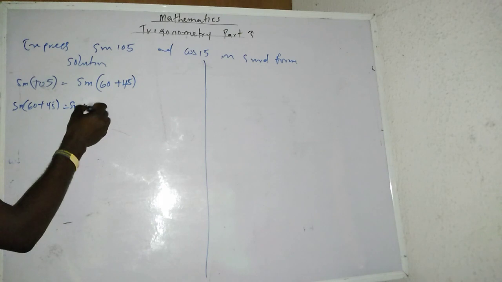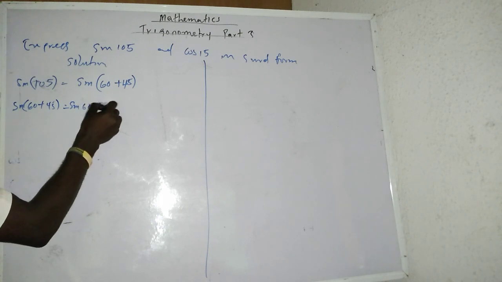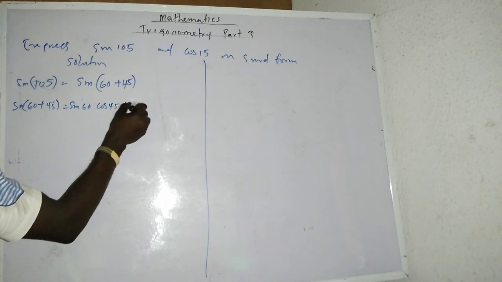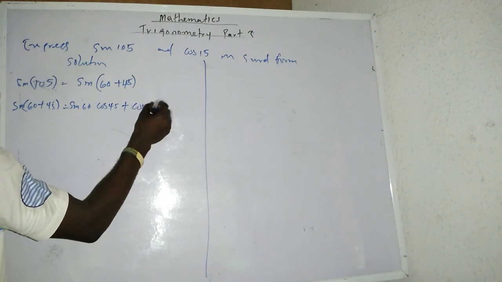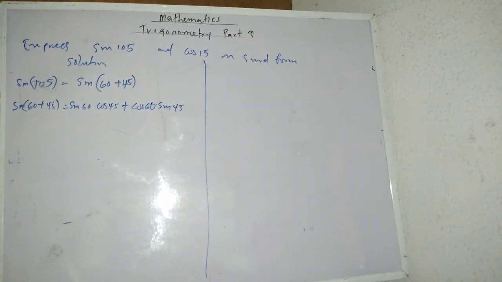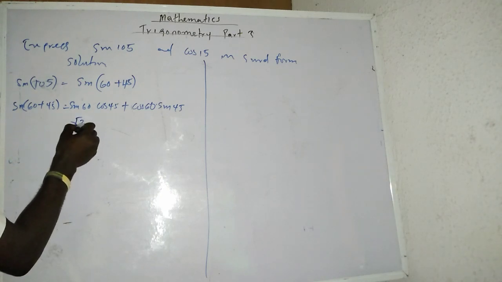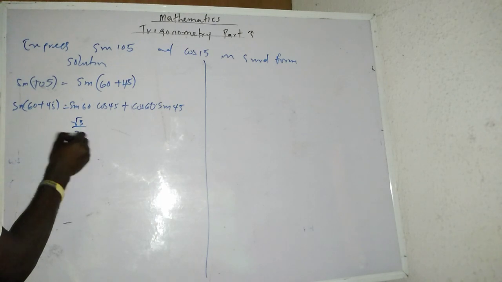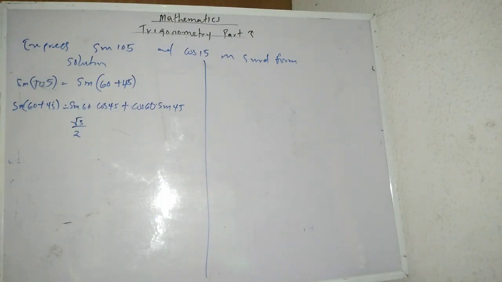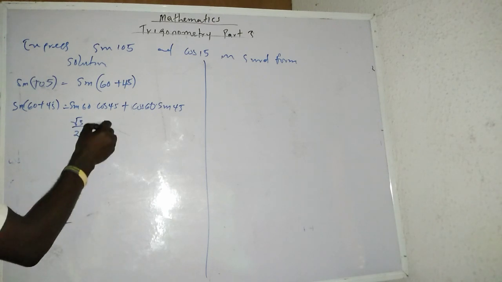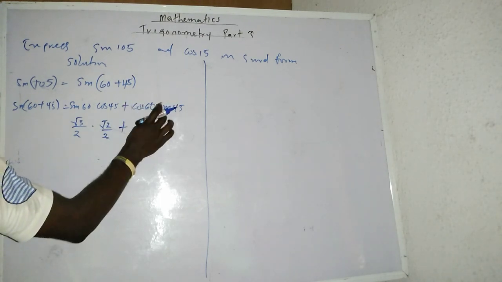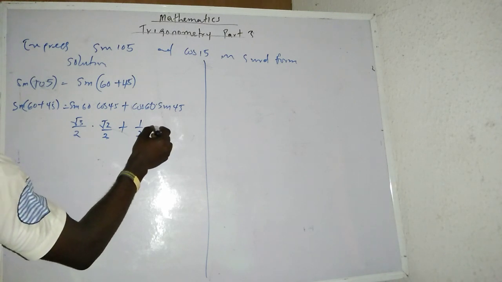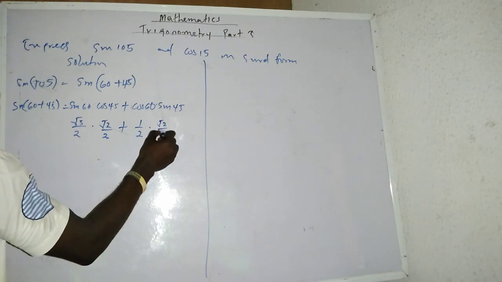Sine 60 cos 45 plus cos 60 sine 45. Sine 60 is root 3 all over 2, and cos 45 is root 2 all over 2, plus cos 60 is 1 all over 2, sine 45 is root 2 all over 2.